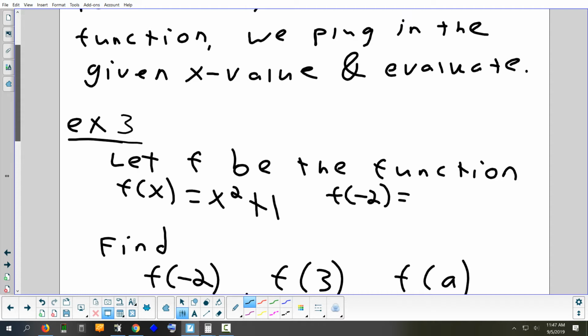So remember, you'd pronounce that f of -2. The long way is basically to say, what is the value of the function if I plug -2 in for x? Tell me what y would come out to. So, if you plug in -2 for x, what would you get?